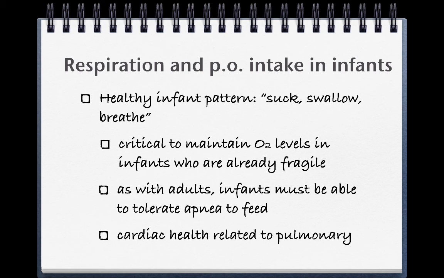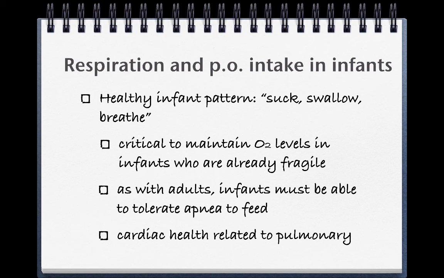Now, it's critical in infants who are what are called medically fragile to have them maintain oxygen sats at a particular level. This is also true with adults, as we know, but it's quite important in an immature system that infants be able to tolerate even a single moment of apnea in order to successfully benefit from PO intake.